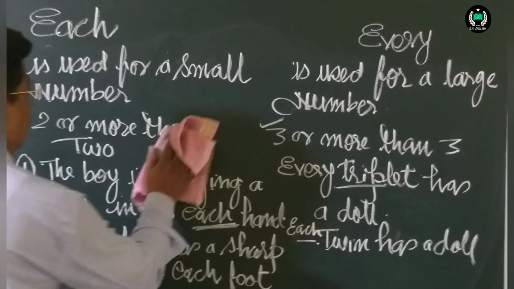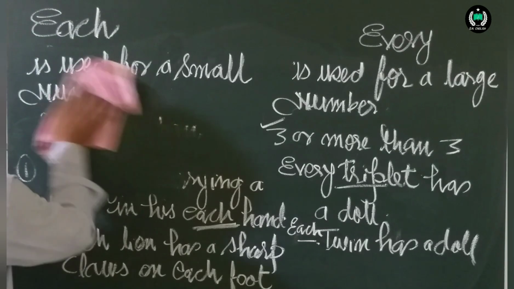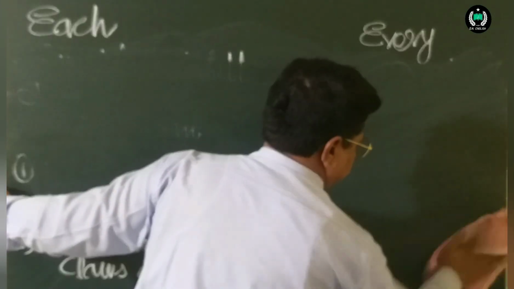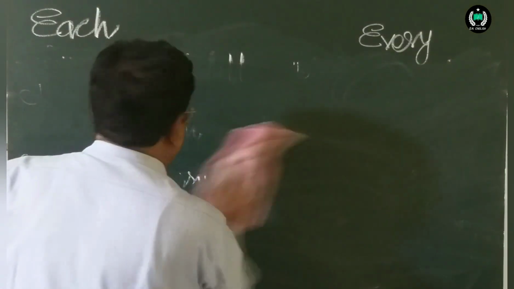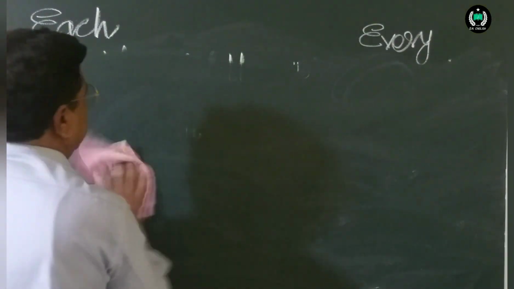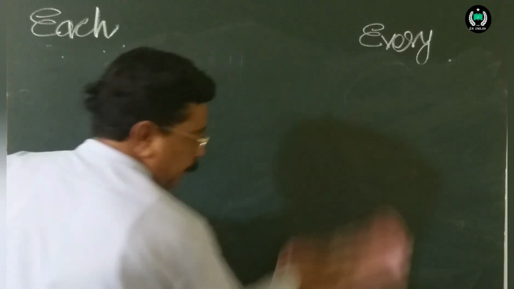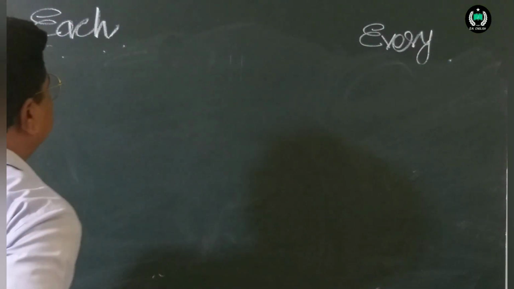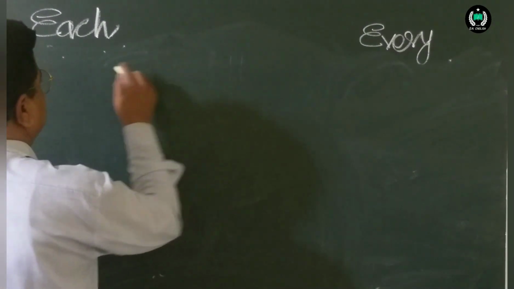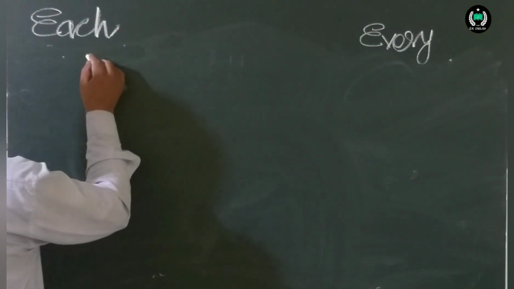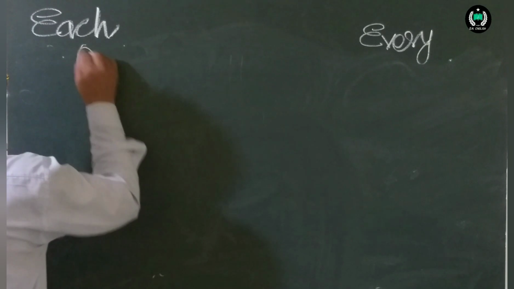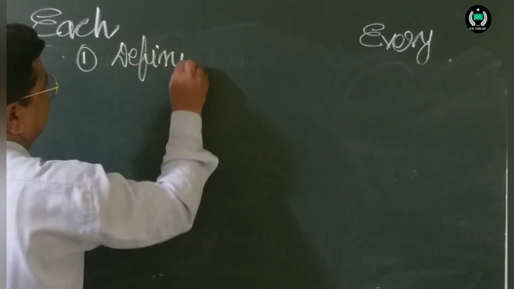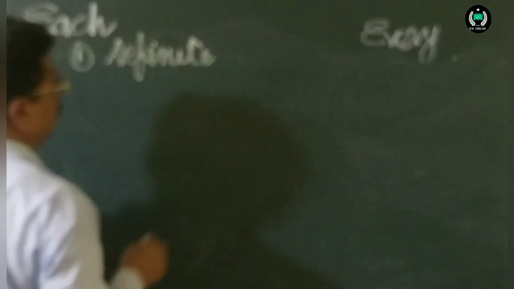Now try to understand. I have invented these points. I want you to just keep them in your mind, and they will make everything clear. Very, very easy to understand. Now each is for a definite number. Yesterday, one of my students, very intelligent, got confused.